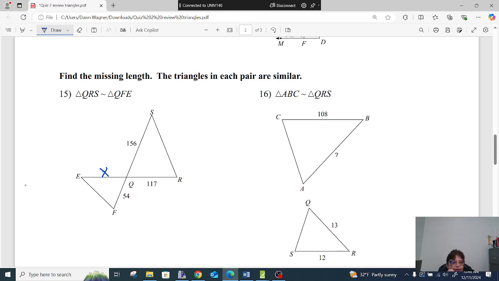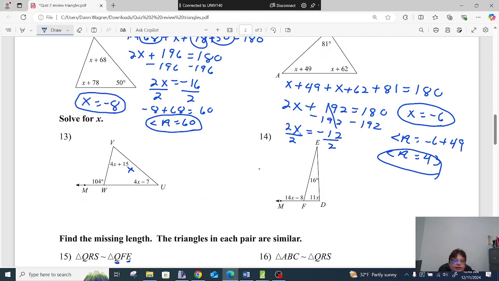And EQ is the first and the last, correct? So I start with my X on top because that's where the question mark was. Oh, I'm sorry. I'll back up. I'm going to add these two together and set it equal to the outside angle.